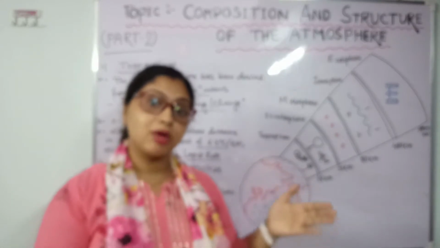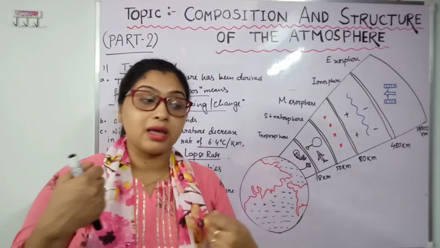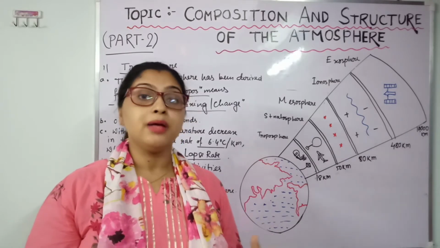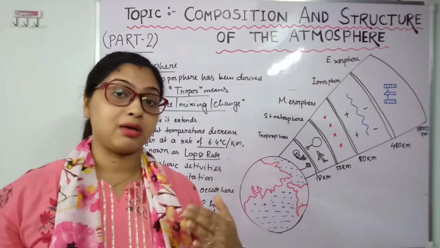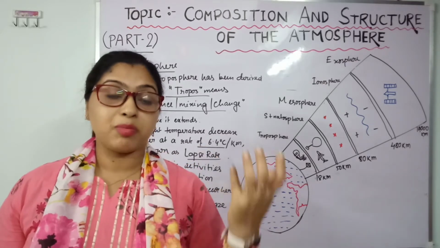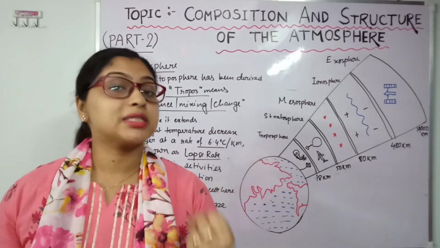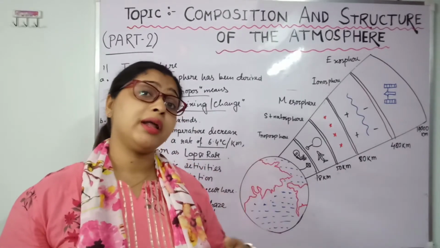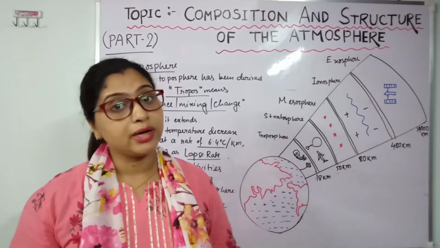When the density of the gases decreases, we carry oxygen masks and oxygen cylinders with us, and the temperature also decreases. Why? Because when the density decreases and the air becomes thinner, it has less capacity to hold heat. But the lower layer has more capacity to hold heat.